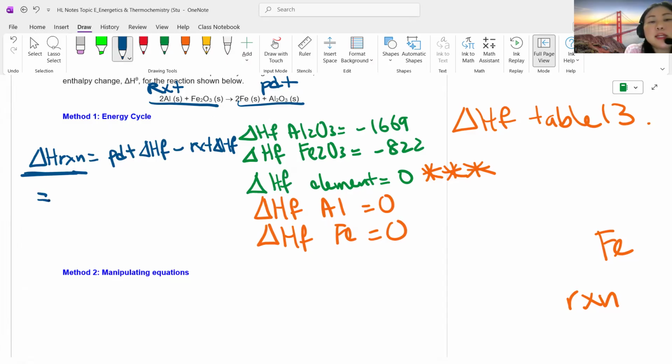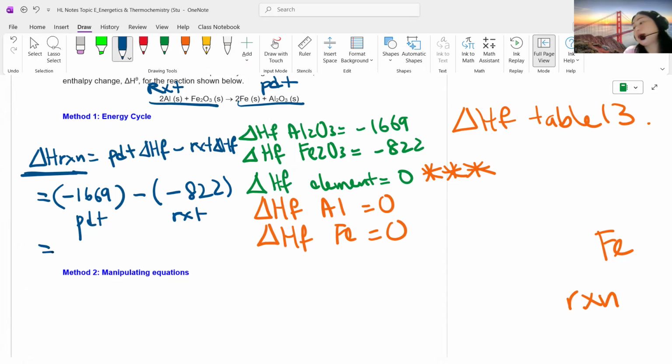So what is the product ΔHf value? Al2O3 is minus 1669. The other product, iron, is 0, so no need to add 0. Minus reactant: aluminium is 0, Fe2O3 is minus 822.